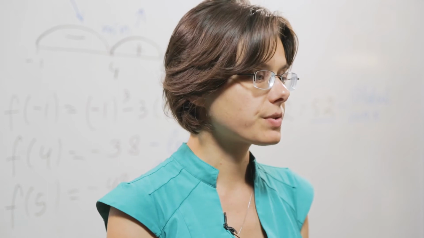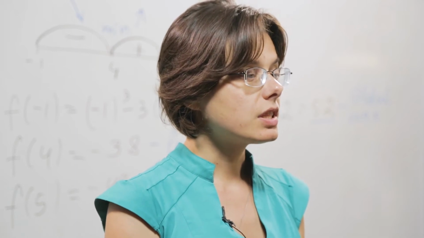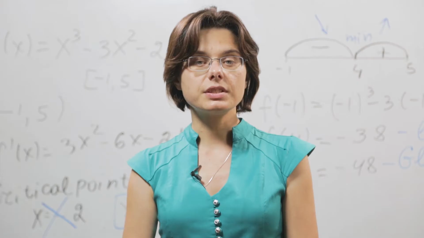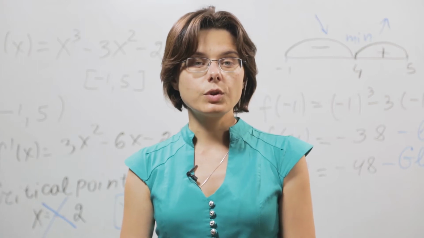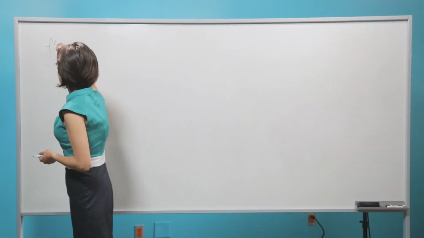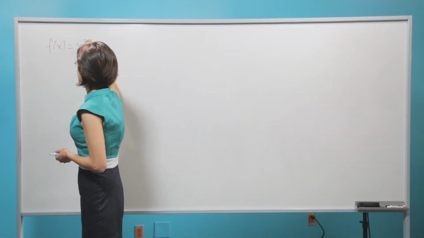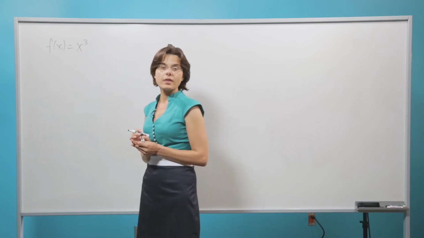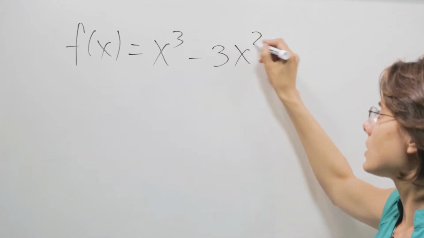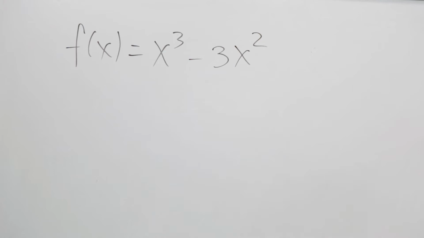Let us do some examples. Let us find the intervals where the function is increasing and decreasing for the following function: f(x) equals x cubed minus 3x squared minus 24x plus 32.